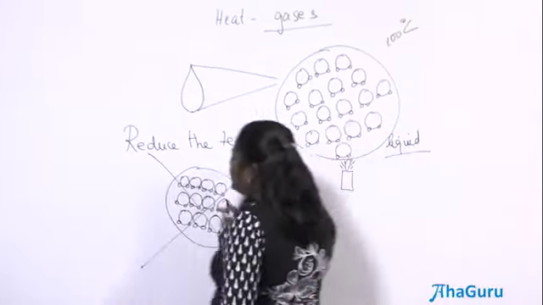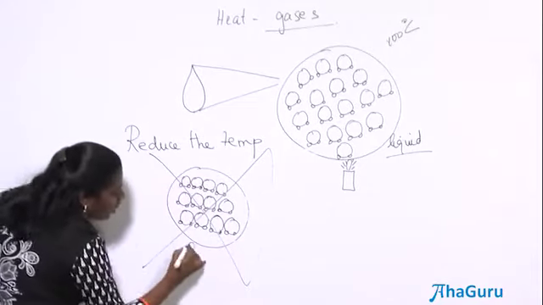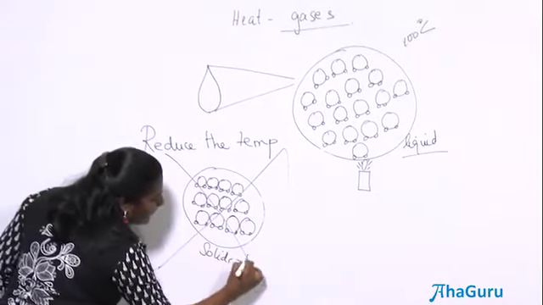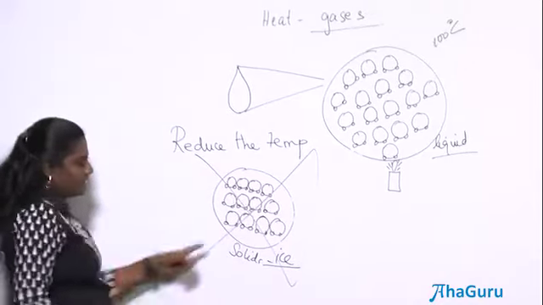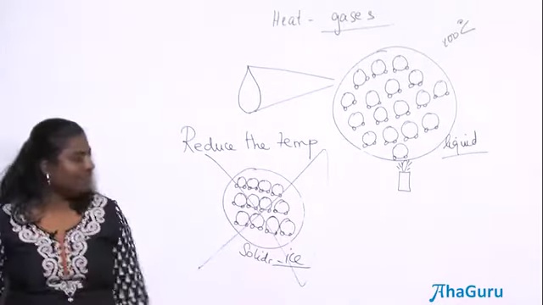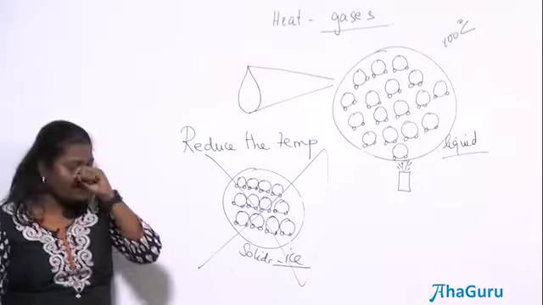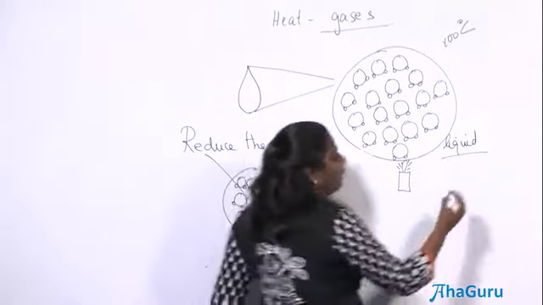So what you are saying is, when I reduce the temperature, as ice, is this the structure of ice? No, this is not the structure of ice. So how does it look?